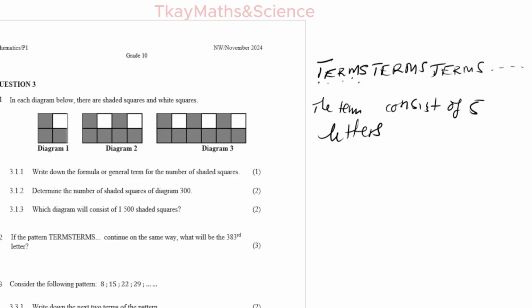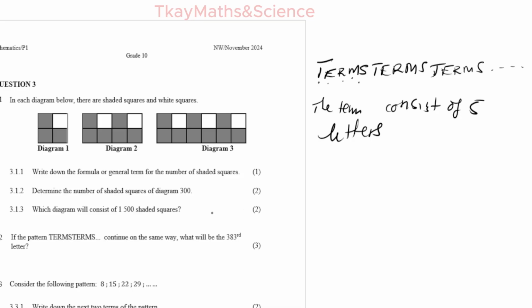Whatever number we get, it's going to be a multiple of 5. So let's try to divide this number so that we see a remainder. Let's divide by 5, because the letters are 1, 2, 3, 4, 5. So we need multiples of 5. At every multiple of 5, the term is full.